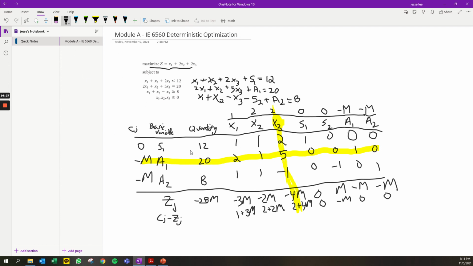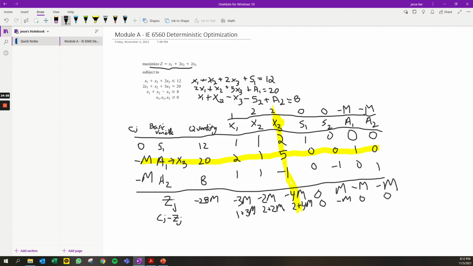From here, we can say our A1 is going to be column X3. So here we've identified our entering variable, which is X3, and our leaving variable, which is A1.